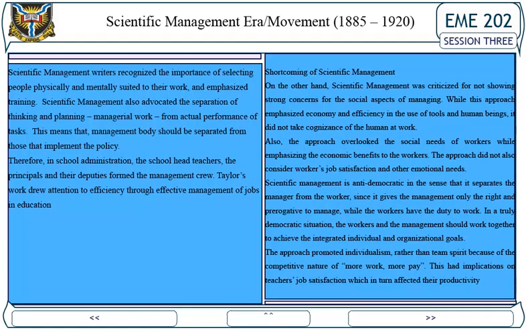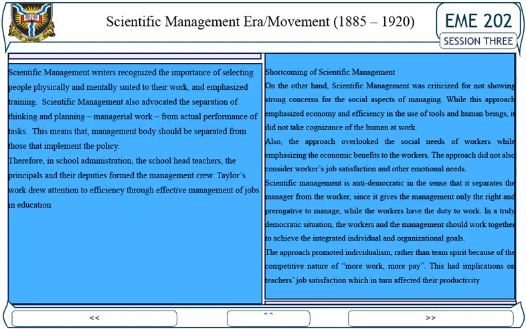While this approach emphasized economy and efficiency in the use of tools and human beings, it did not take cognizance of the human at work. Also, the approach overlooked the social needs of workers while emphasizing the economic benefit to the workers. The approach did not also consider workers' job satisfaction and other emotional needs.